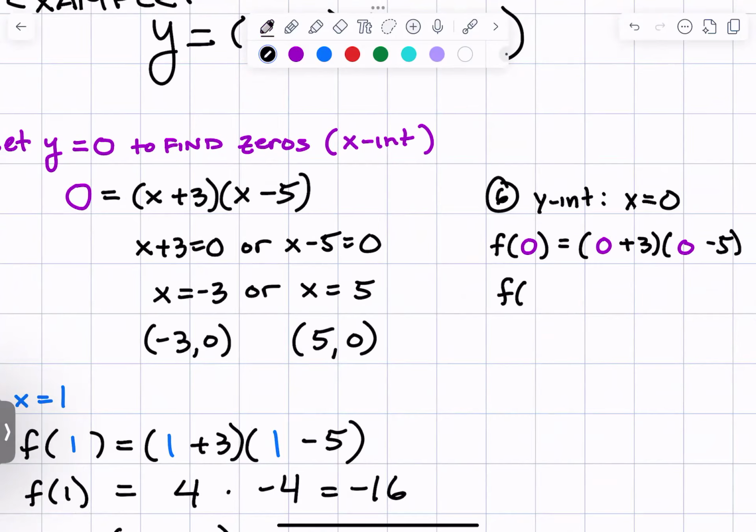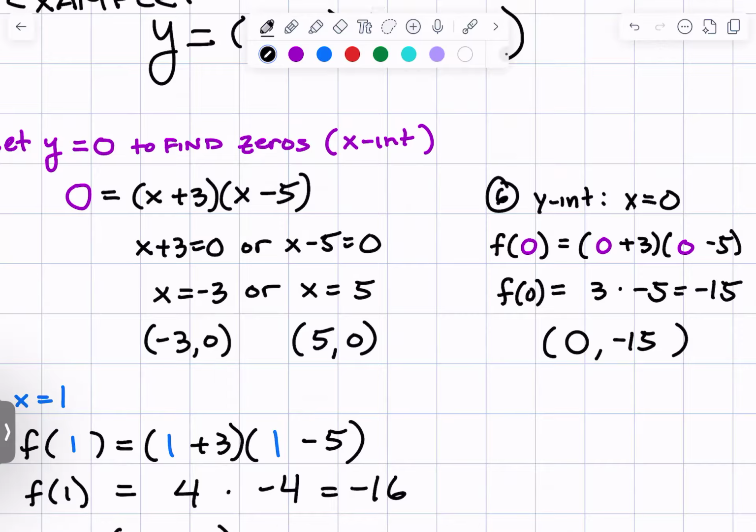So that's going to be f of 0 equals 0 plus 3 is 3 times 0 minus 5 is -5. So that's -15. So my y-intercept is 0, comma, -15. Right? When x is 0, my y value is negative 15. Okay.